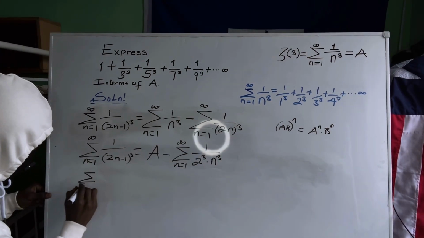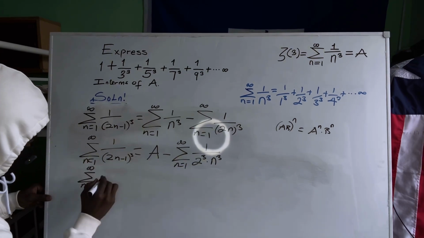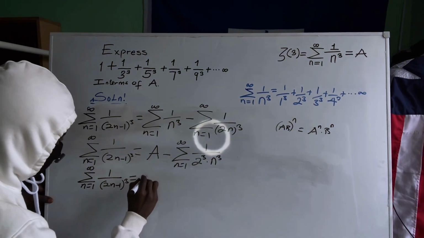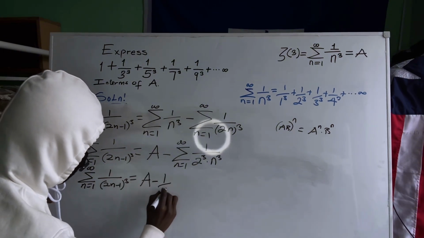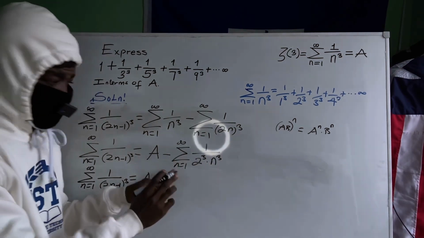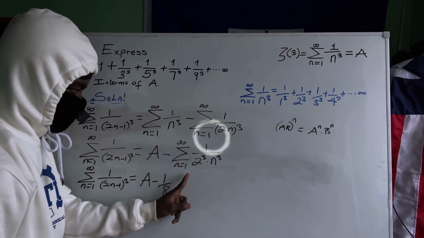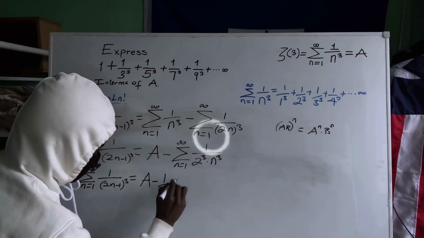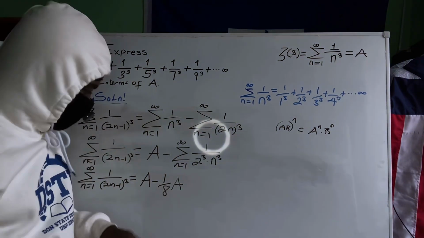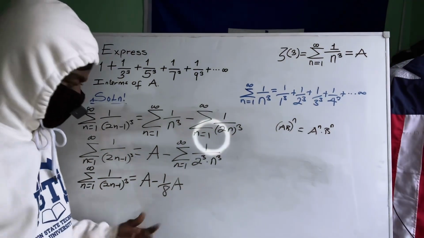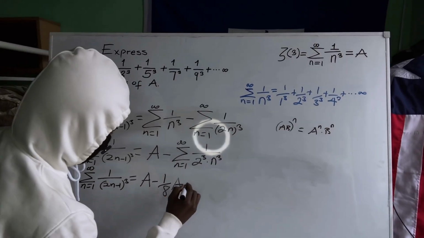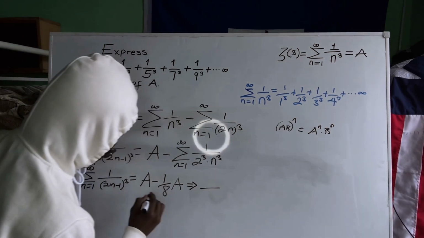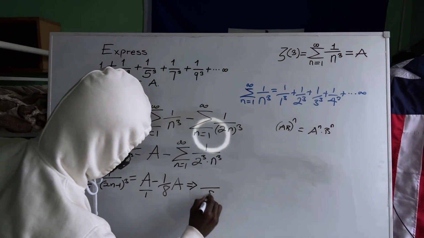So the sum from n equal 1 to infinity of 1 over 2n minus 1 all cube is equal to A minus 1 over 8. And the remaining term here will be the sum from n equals 1 to infinity of 1 over n cube, which is also equal to the zeta of 3, and that is A. So to conclude this, we are just to solve this simple fraction. We can find our least common denominator, because this A has a denominator of 1, and this will just be 8.